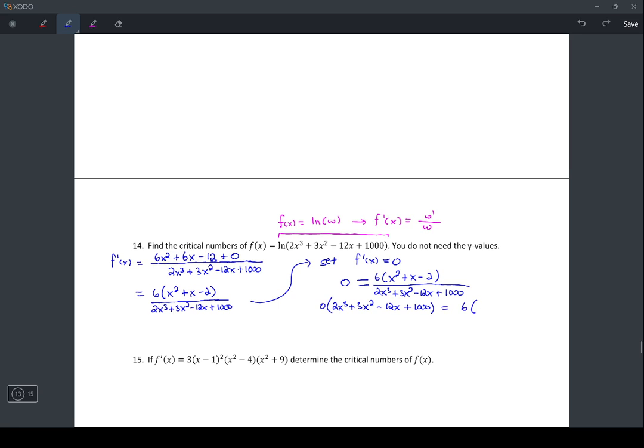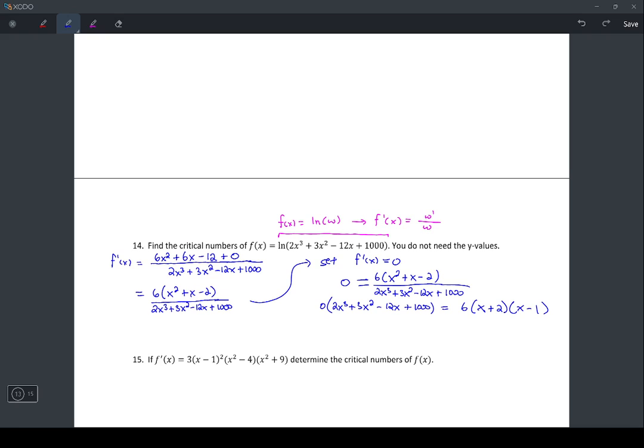And then on the numerator, the 6 times x squared plus x minus 2, I'm going to quadratic factor that using a product and sum method. The mystery numbers multiply to give negative 2 and add to give positive 1. That combination will be plus 2 and minus 1. They multiply to give the negative 2, and they add to give the coefficient of 1 in front of the x in the middle.